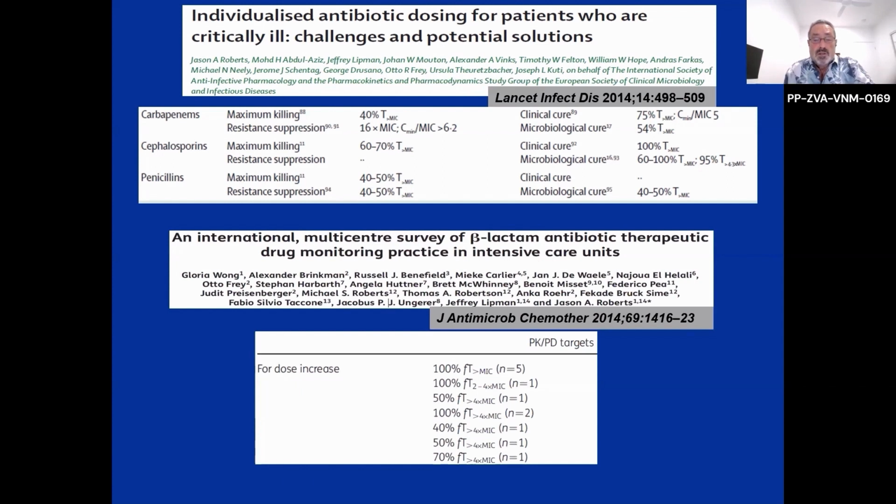We also asked the question in a multidisciplinary, in a large survey, how do you increase your dose and what do you use for your PD targets? And they said 100% time above MIC. Some people said 100%, 4 times MIC and higher. And we would use 100%, 4 times MIC for most of our dosing.